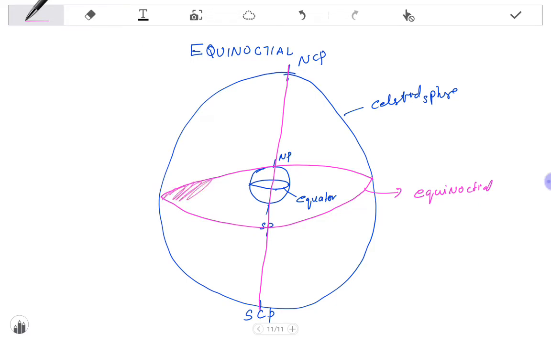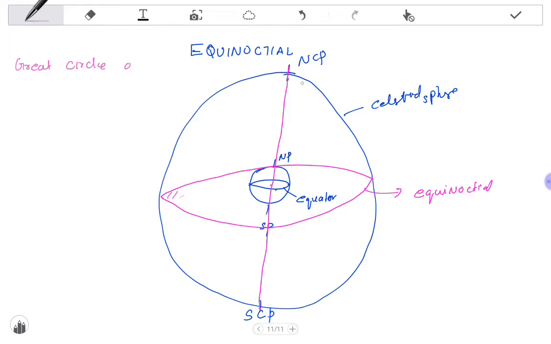Similarly, the plane of the equinoctial is perpendicular to the celestial axis. So by definition, what is an equinoctial? It is a great circle. What is a great circle? A circle whose plane passes through the center of the Earth. So the equinoctial is a great circle on the celestial sphere.